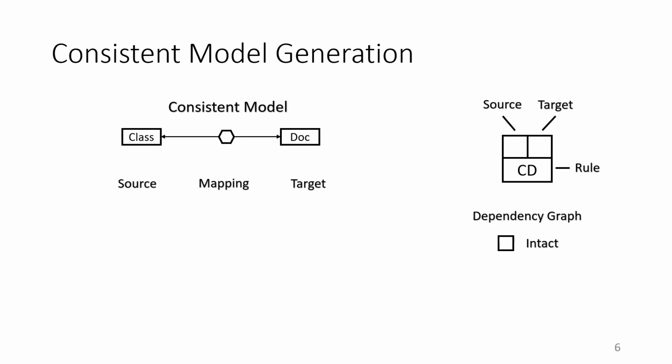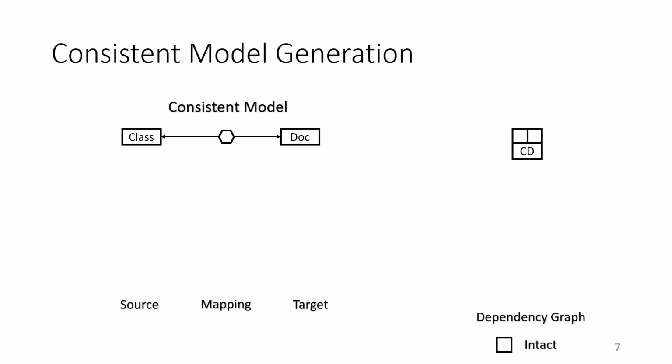And each dependency node has basically three components. First, its corresponding rule, which is here the CD rule, and then a box for the source side, which is our class diagram side, and another for the target side, which is our document side. And both boxes are blank since our rule application is still intact.